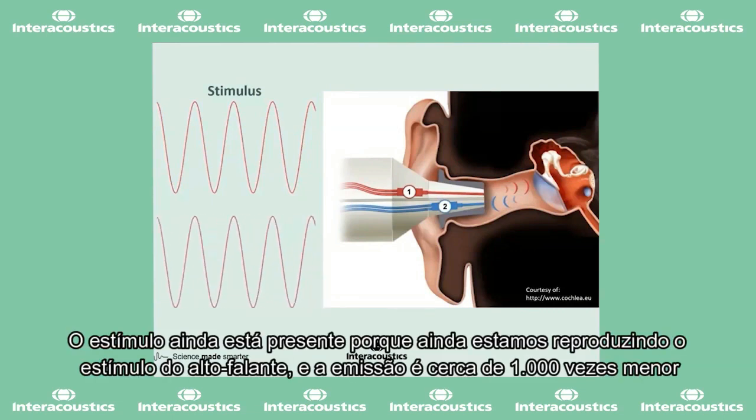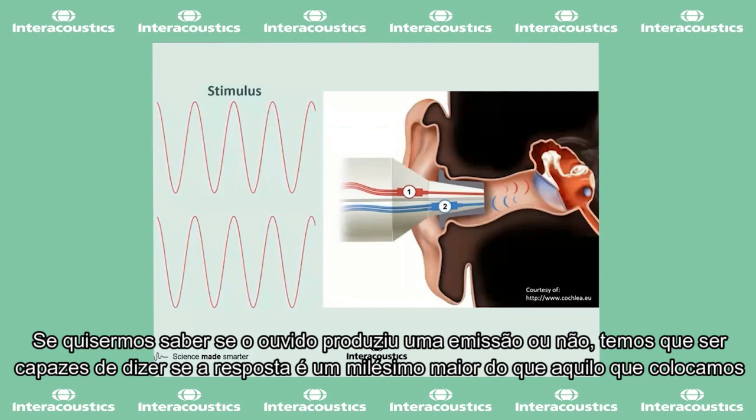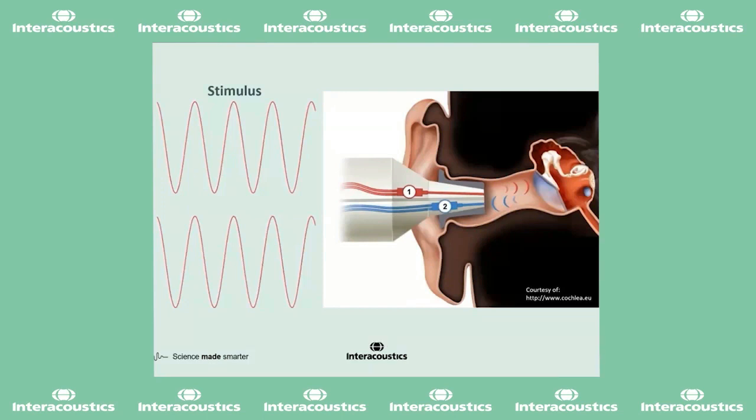Now, the stimulus is still present because we're still playing the stimulus from the loudspeaker, and the emission is about 1,000 times smaller. So there's the problem. If we want to know whether the ear produced an emission or not, we have to be able to tell whether the response is 1,000th bigger than what we put in. Now, this is very tricky to do reliably, and therefore it's not used routinely in the clinic.